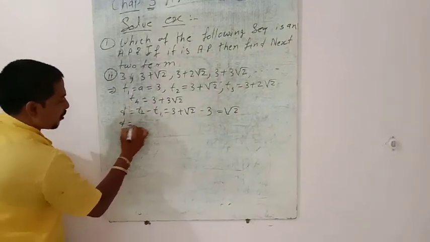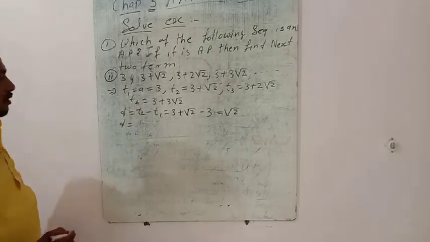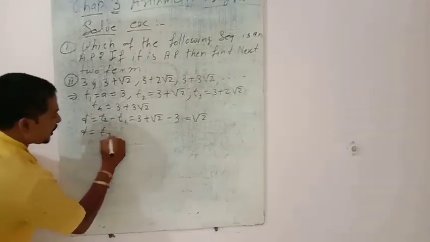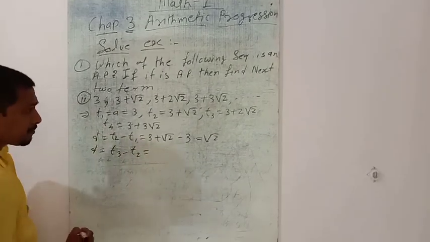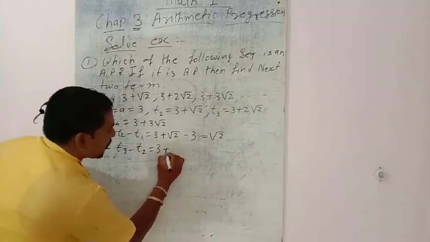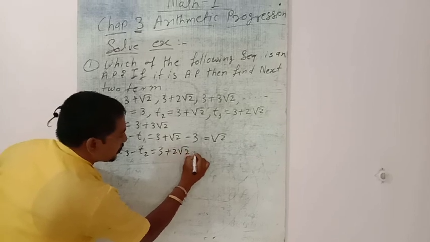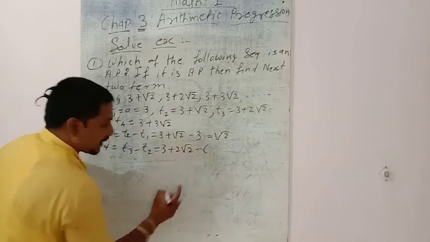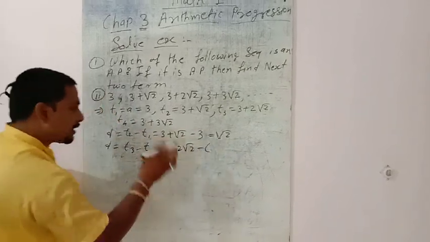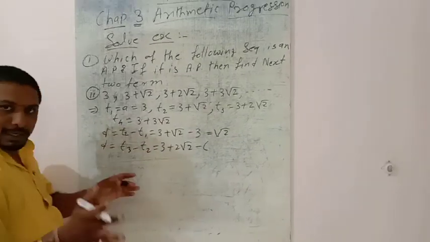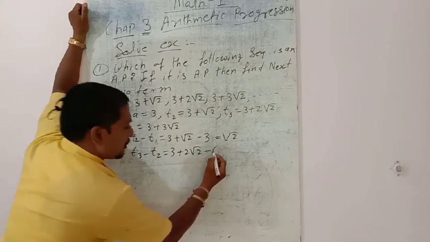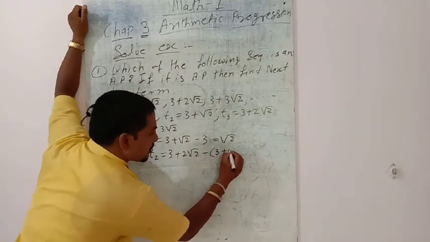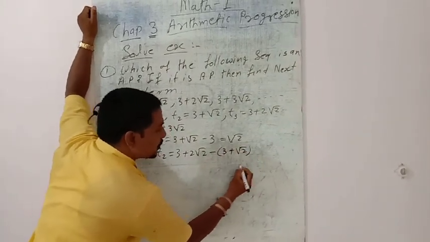So first, the common difference you have to find. Second, take another common difference, T3 minus T2, which is 3 plus 2 under root 2 minus, in brackets, 3 plus under root 2.